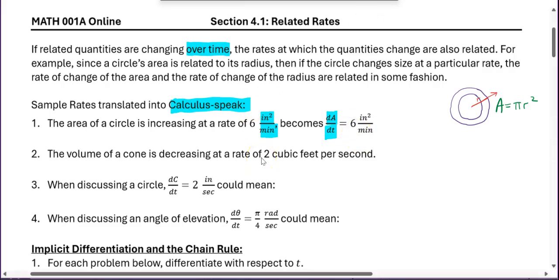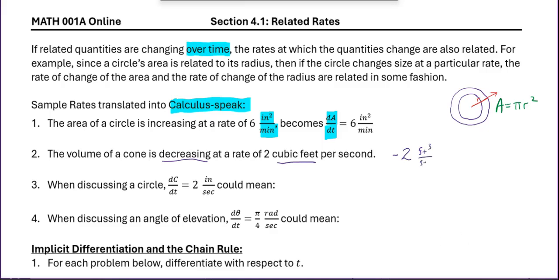Number 2, the volume of a cone is decreasing at a rate of 2 cubic feet per second. So this one's not written out yet. Let's write it out. Decreasing, right? That's going to be a negative. So negative 2 cubic feet per second.